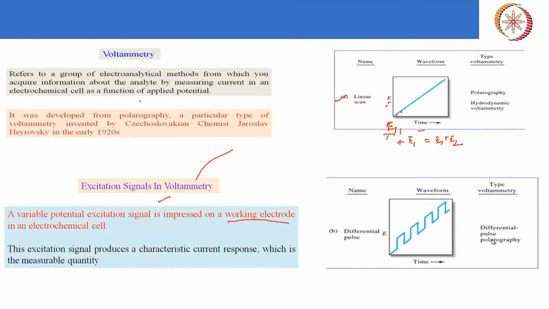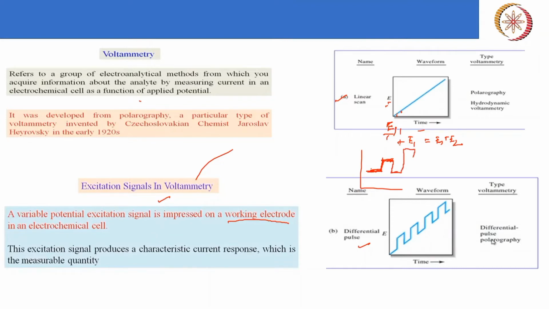The next one is the pulse method, basically differential pulse voltammetry. We already learned about linear pulse voltammetry. Suppose we have a system at a particular potential, and you apply a pulse of potential for a short time, and after that when you give the relaxation, it comes back to the initial state.